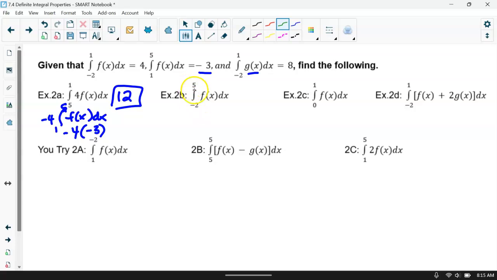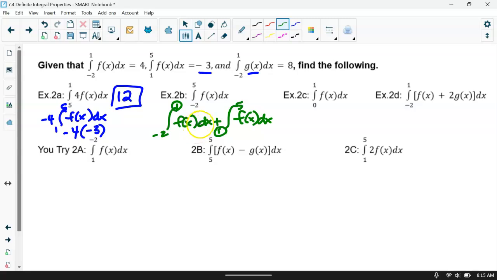Well, negative 2 to 5 is the same as negative 2 to 1 of f of x plus 1 to 5 of f of x. So this is that adjacent property of negative 2 to 1 plus 1 to 5 is the same as negative 2 to 5 because of our value of 1 that's in common.